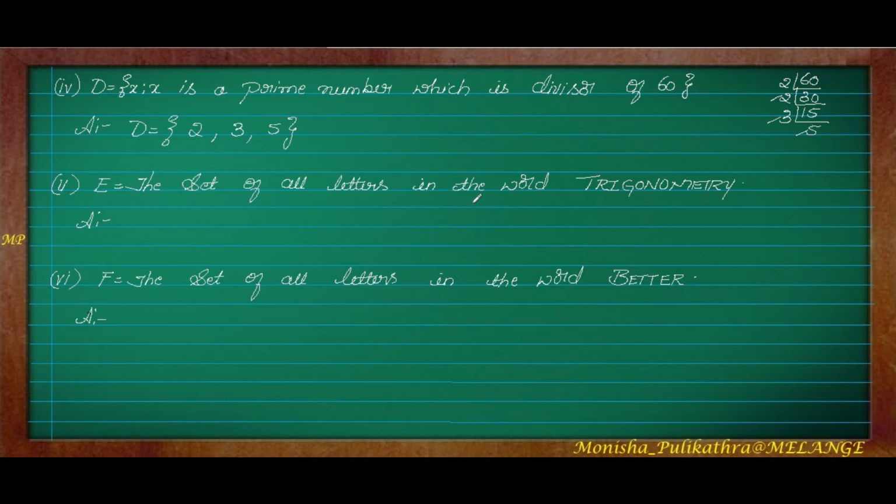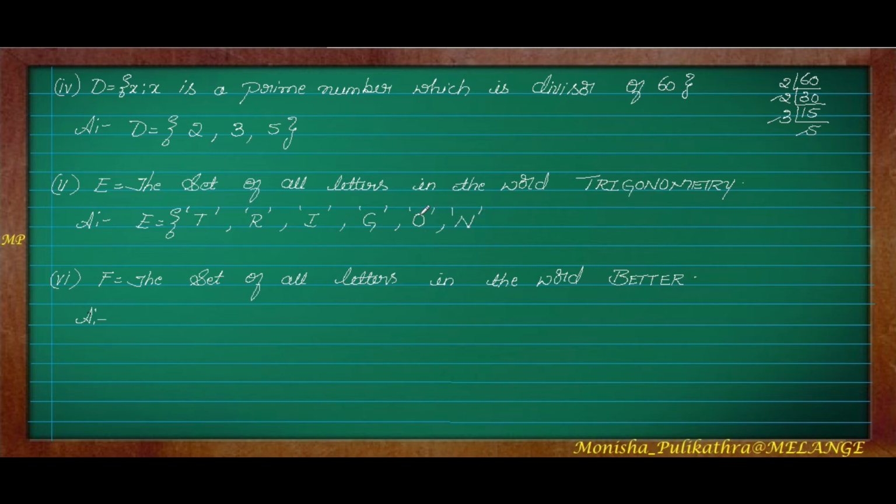The set of all letters in the word trigonometry. We have to write all the letters in the word trigonometry. Okay, this is set E. I have already told you, if the letters or numbers repeat, we have to write them only one time. So here first one is T, next is R, next is I, next is G, next is O and N. Next what happens?